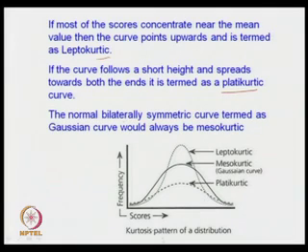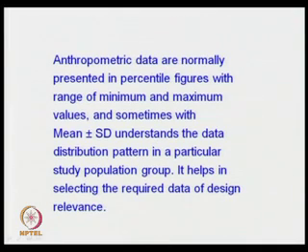The normal bilaterally symmetric curve is termed a Gaussian curve and would always be mesokurtic. Anthropometric data are normally presented in percentile figures with a range of minimum and maximum values, and sometimes with mean plus minus SD, to understand the data distribution pattern in a particular study population group. It helps in selecting the required data of design relevance.